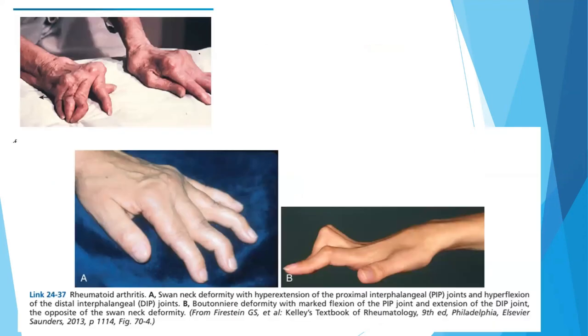These are some of the hand features: the swan neck deformity, which is hyperextension of the proximal interphalangeal joints and hyperflexion of the distal interphalangeal joints. The boutonniere deformity, with marked flexion of the PIP joint and extension of the DIP joint, is shown in picture B here.